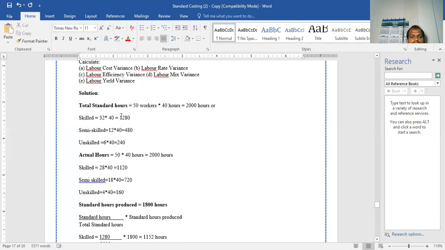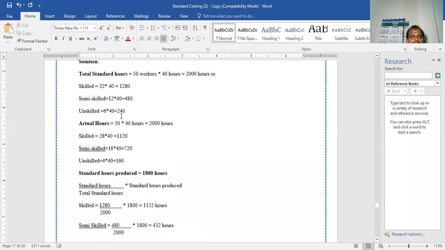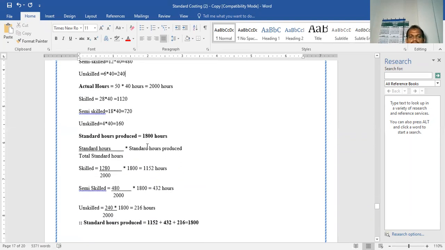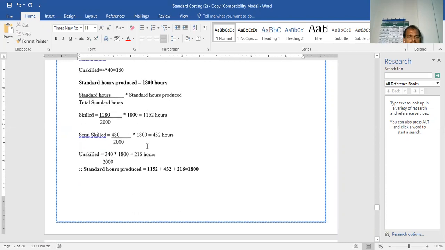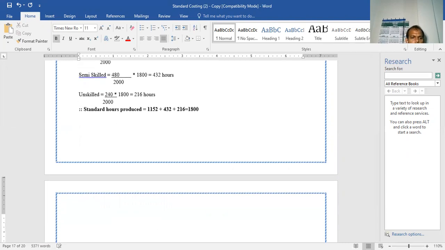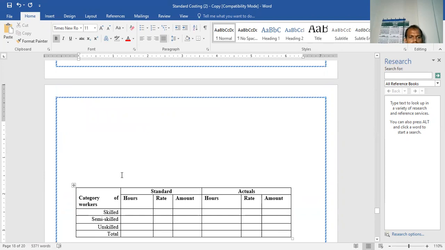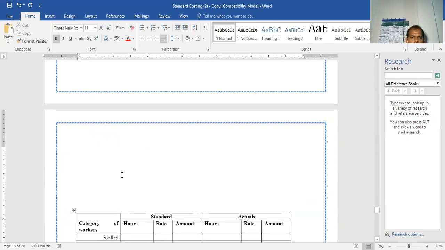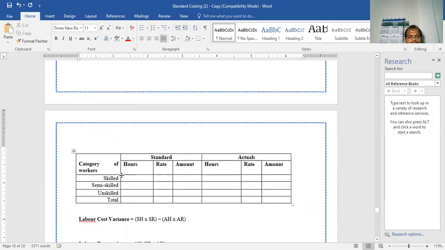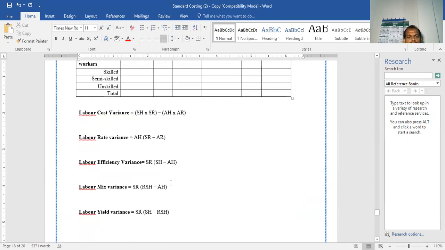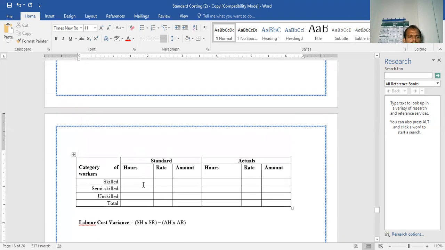With this information, we'll arrange a table mentioning the standards and actuals. If we arrange the basic information like this, it will be very easy to calculate the labor cost variances. Categories of workers: skilled, semi-skilled, unskilled, total.